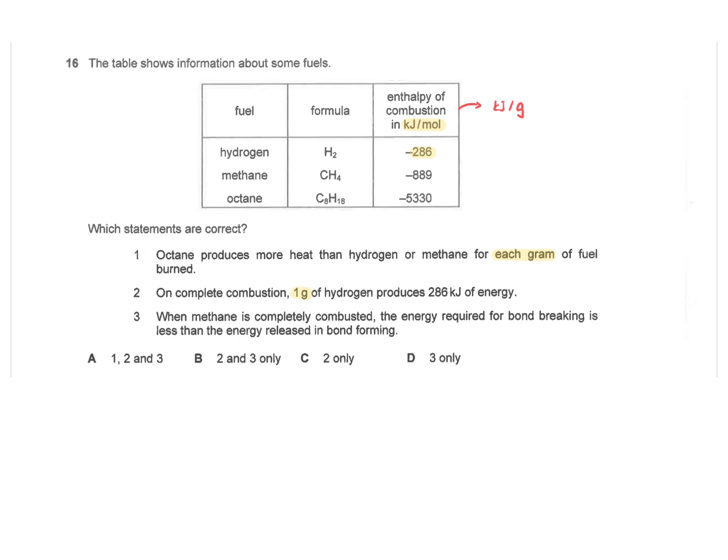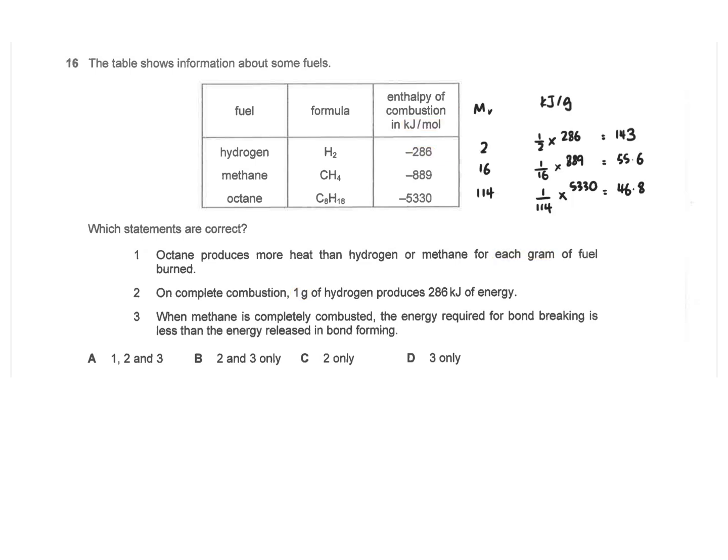To do that, we need to know the molar mass of each fuel, and then we take 1 gram divided by the molar mass. And then, after finding the number of moles per gram, we multiply it by the enthalpy of combustion to get the enthalpy of combustion in kilojoules per gram.